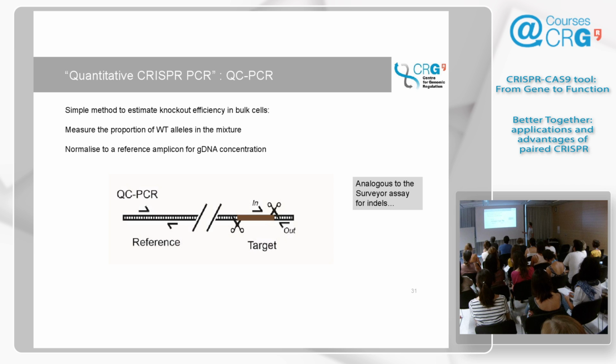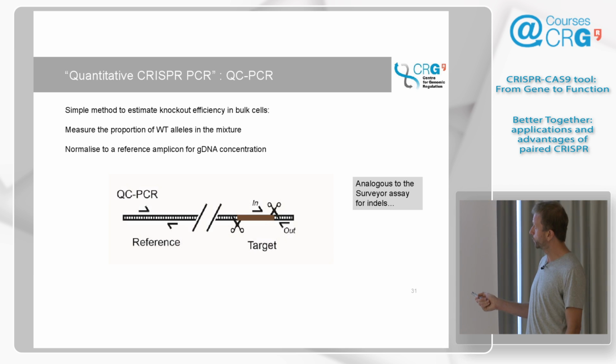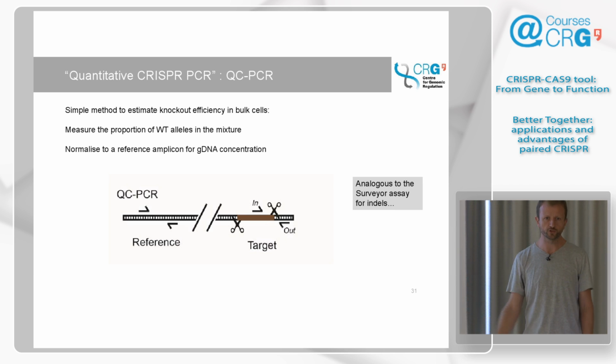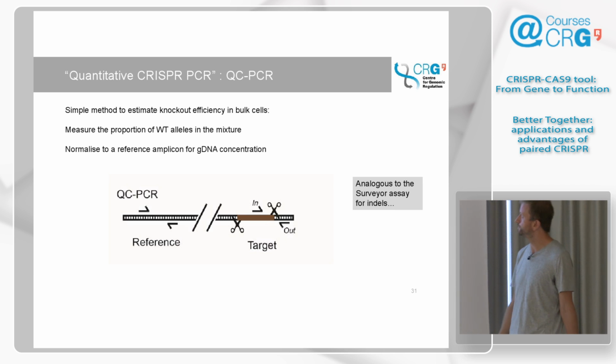You put primers, one inside your target region and one outside, so this will only amplify wild-type alleles. Then you normalize it to a reference region far away, to control for your DNA levels. Essentially this measures the amount of non-mutated alleles in your mixture.